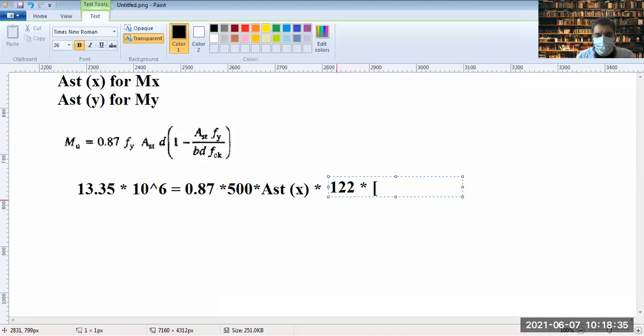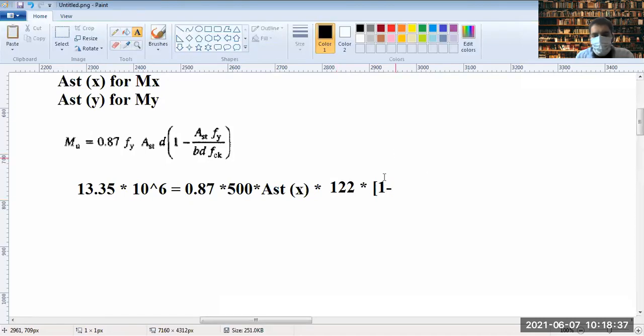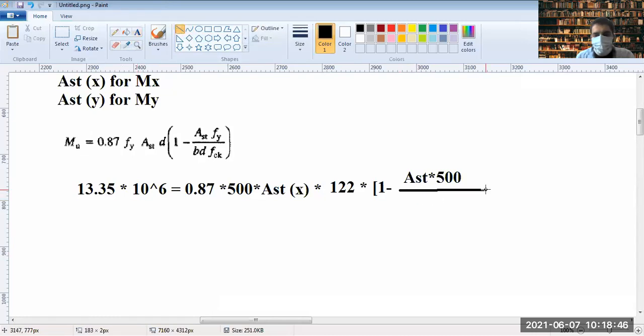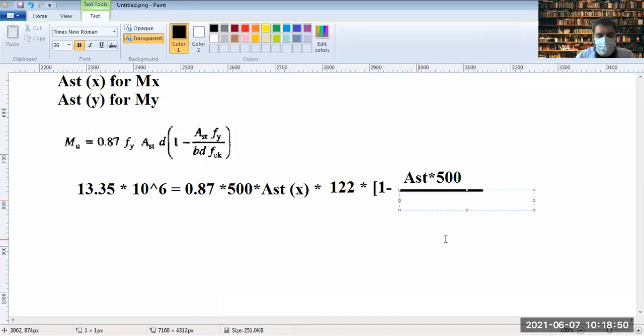Then you have 1 minus the value of AST, 500, divided by, cross D. D is your, again, 1 meter strip of this.